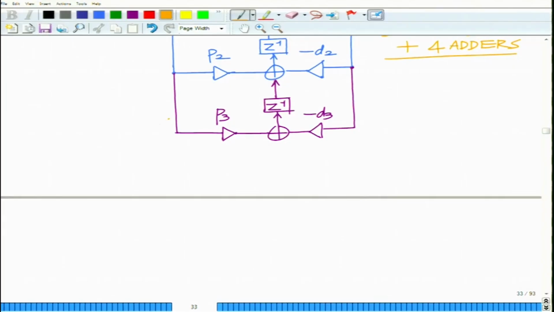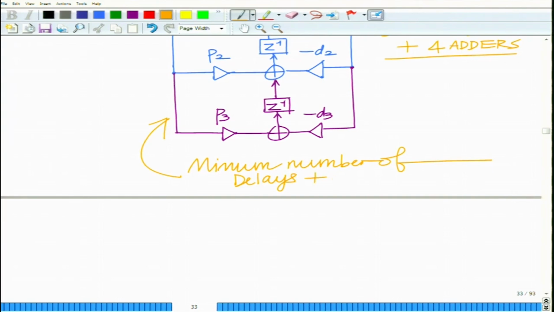Okay. So, this results in the minimum number of delays and adders.